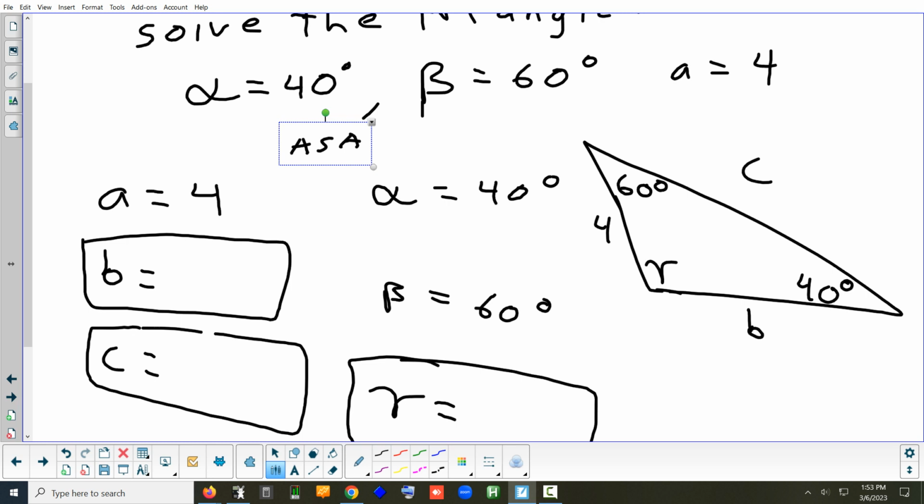is the side I gave you the one that connects the 2 angles? What side connects the 2 angles in that picture? C. So for it to be angle, side, angle, you would need to know C. So right letters, wrong order. Anyone else? Yep. Angle, angle, side.